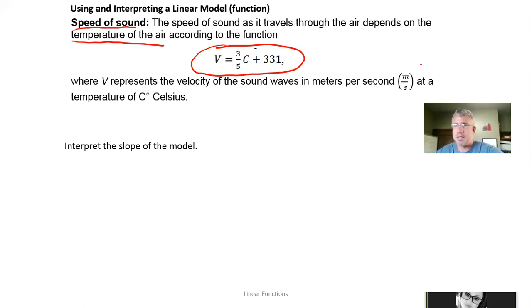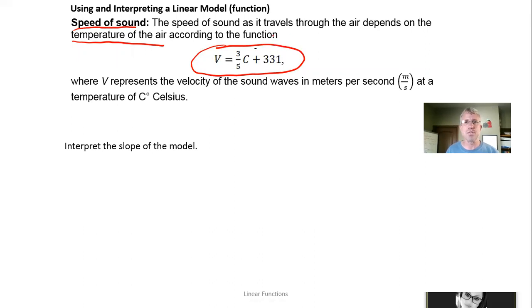As the molecules become energized, the atmosphere expands, and then you get fewer molecules per unit volume. So you decrease the density. So it's a density issue. As you change air temperature, you change air density, which then affects the way the sound waves propagate through the air. So this is a model that explains how that variation happens.